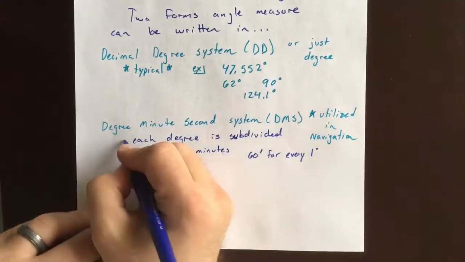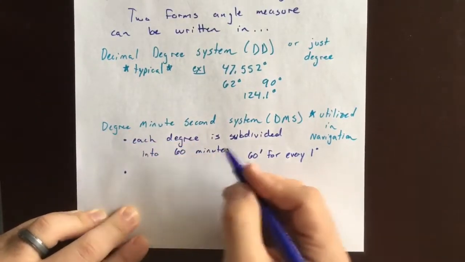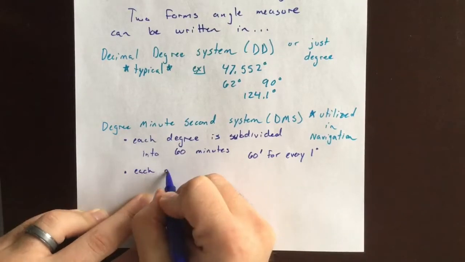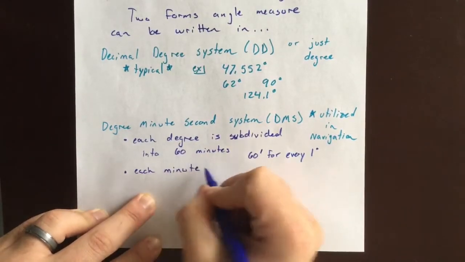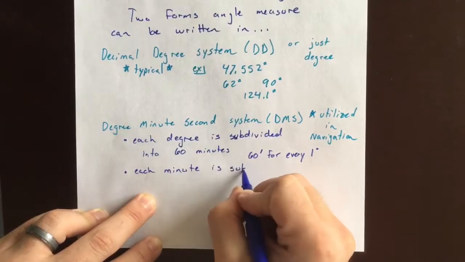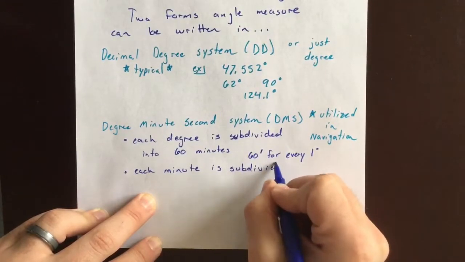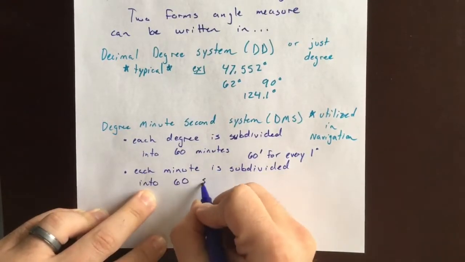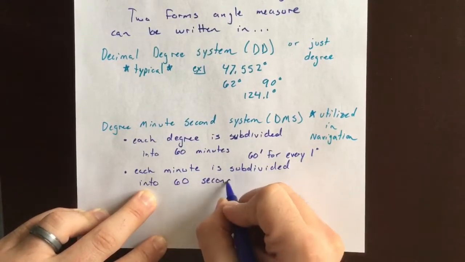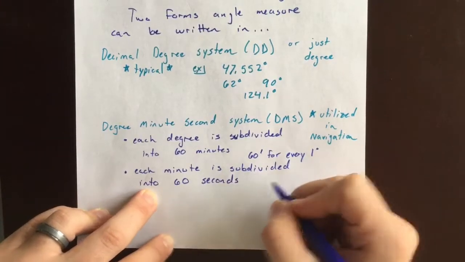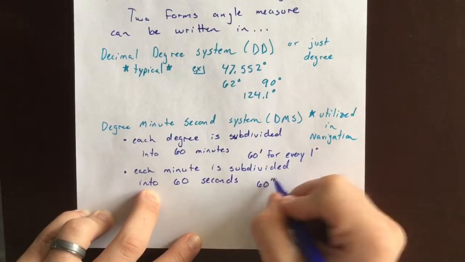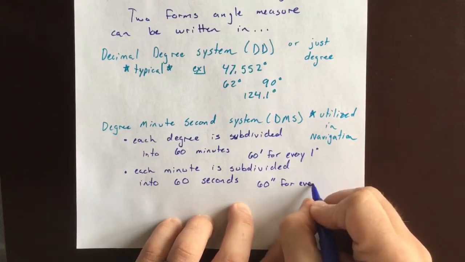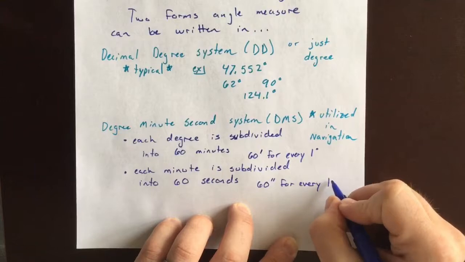Okay, then the next, that's the minutes. The seconds is each minute is subdivided into 60 seconds, and that should make sense. We're used to that. So 60 seconds, we're going to use 2 tick marks for every 1 minute.